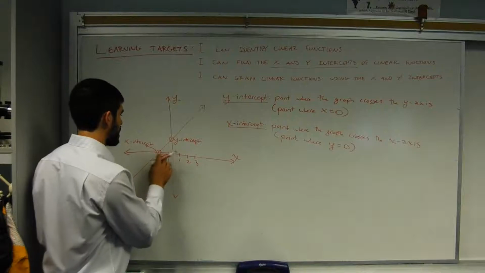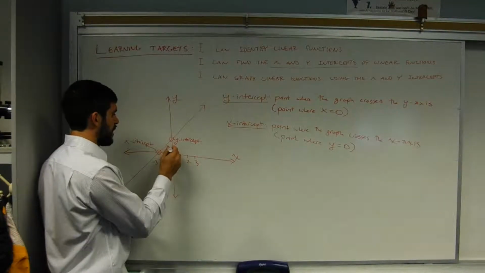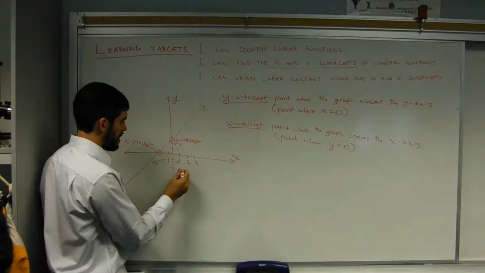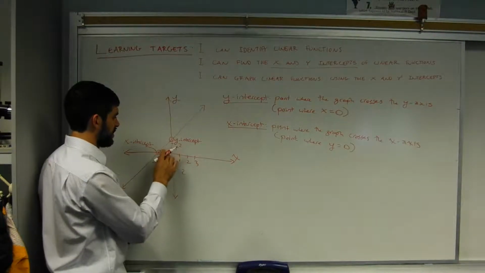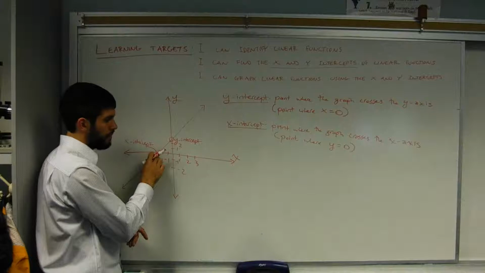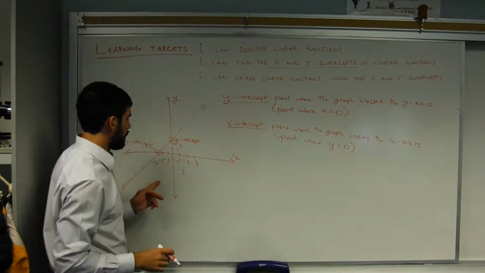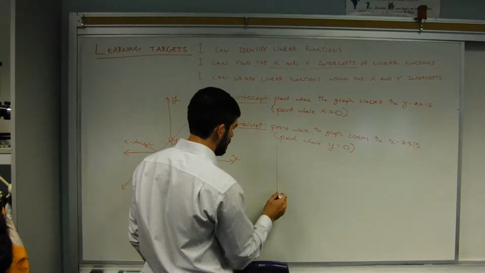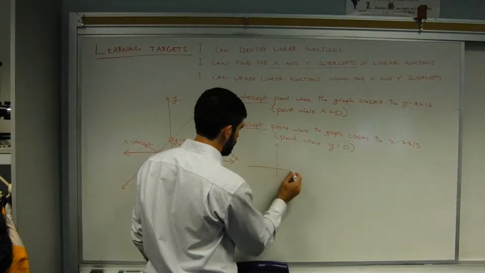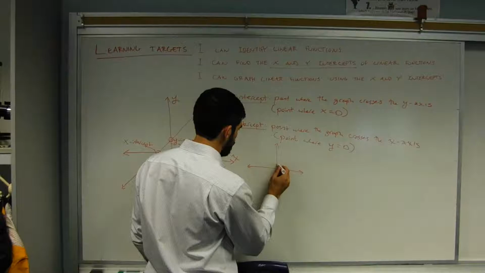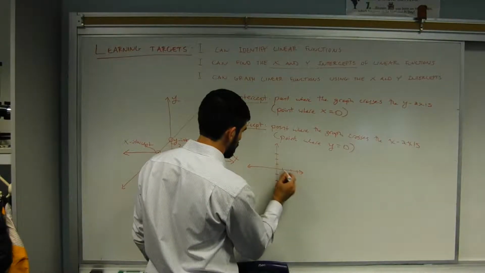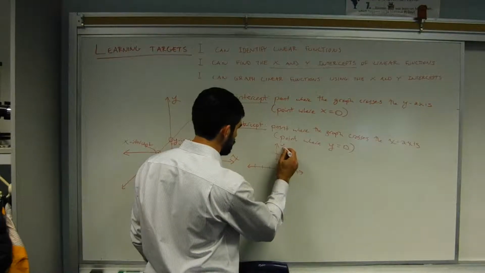Because you see, x could be equal to anything, but y has to be equal to 0 at this point. So let's do a couple examples of graphing. So suppose we have a function that looks like this.